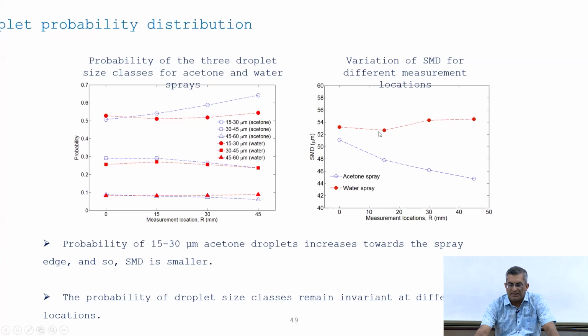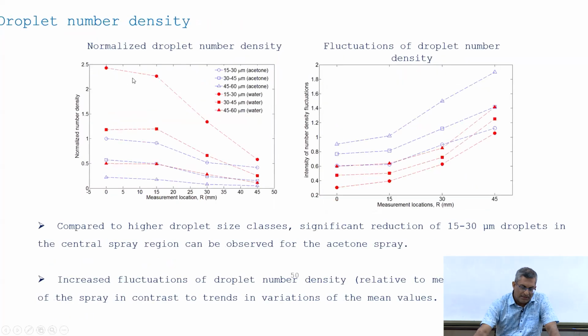For example, in the water spray case, the SMD does not vary in the radial location, where the measurements are taken at a certain axial location downstream of the injector exit. So, radially the droplet size does not vary, but it decreases in case of the acetone spray. And this is the plot for number density.